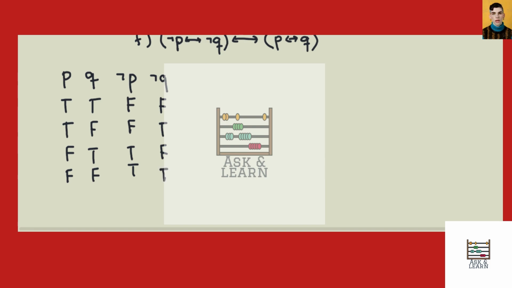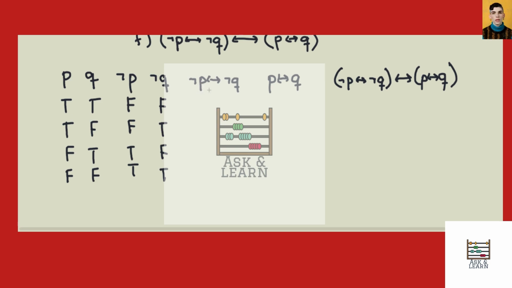Now let's write each individual compound proposition to solve for those in order to solve for the complete compound proposition. So the negation of P, biconditional statement, negation of Q, P, biconditional statement, Q, and then all together: negation of P, biconditional statement, negation of Q, biconditional statement, P, biconditional statement, Q. All right.